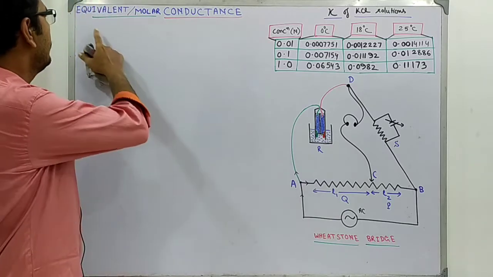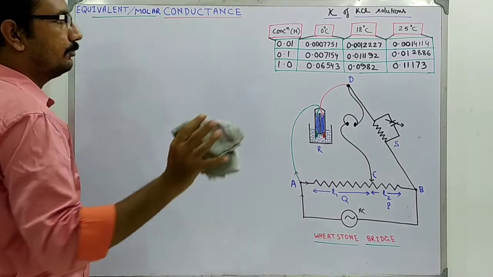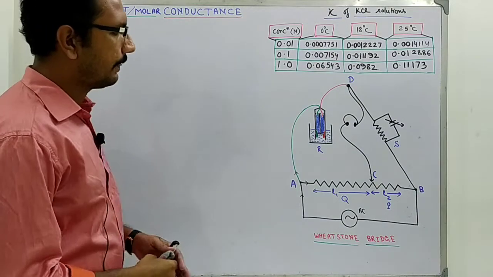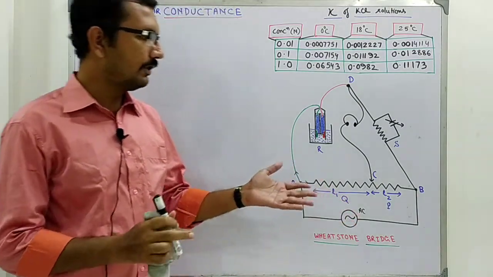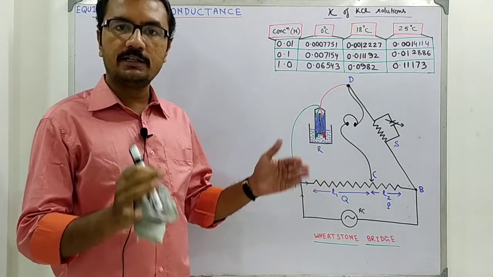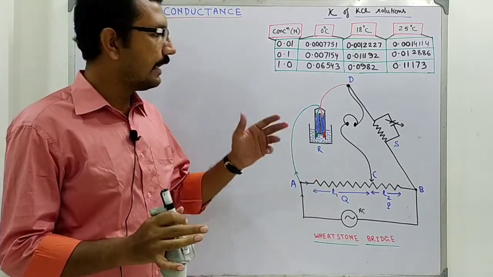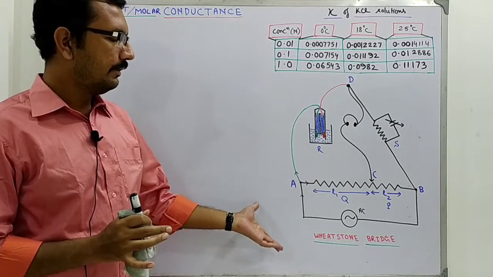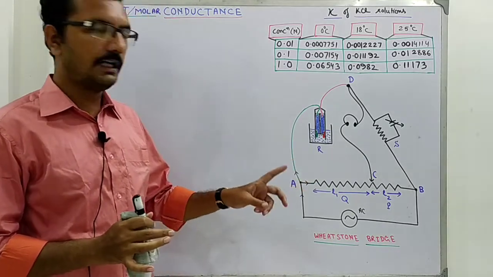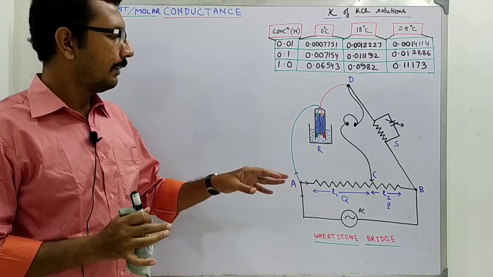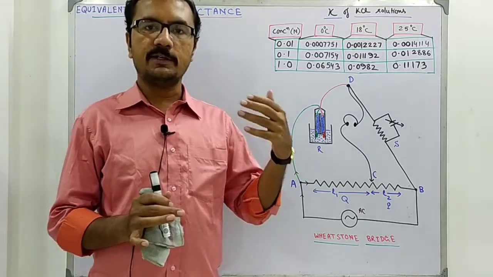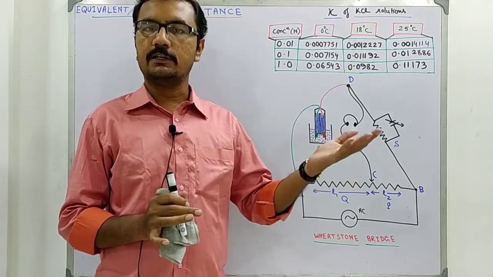Today's topic is equivalent conductance or molar conductance. Now, in the previous lecture, I showed you the procedures to measure the conductance and specific conductance using the Wheatstone bridge principle, and in that video I told you that a problem arises while mentioning the specific conductances of electrolytic solutions.